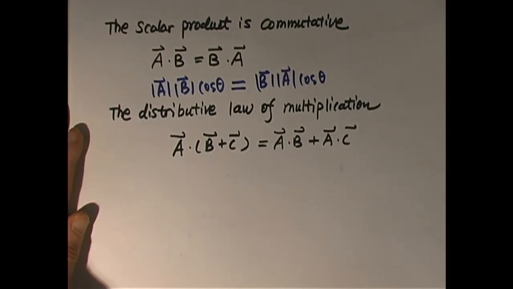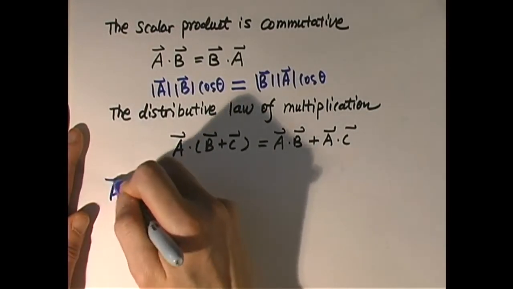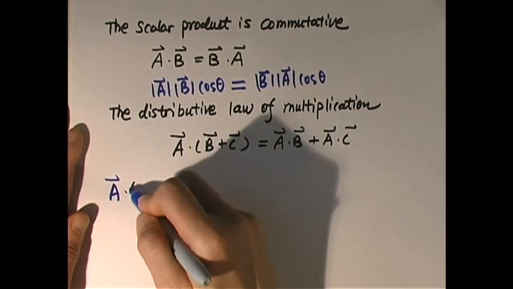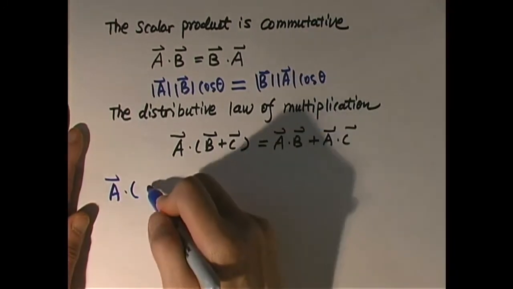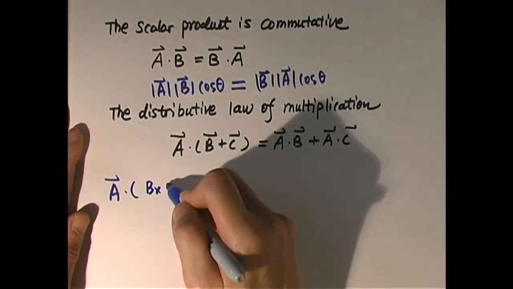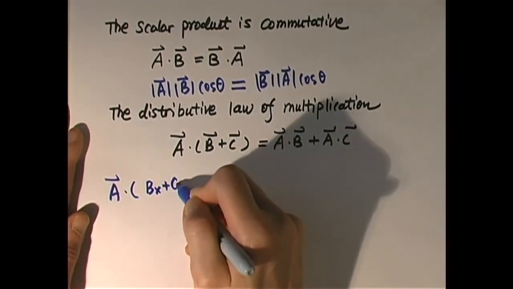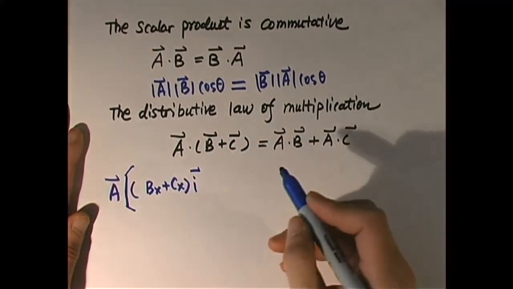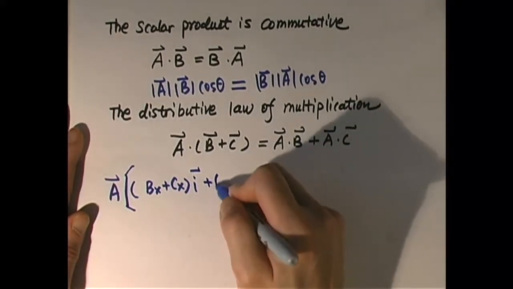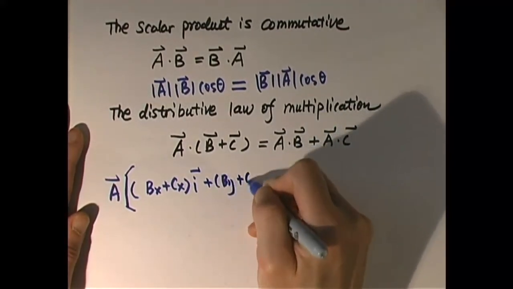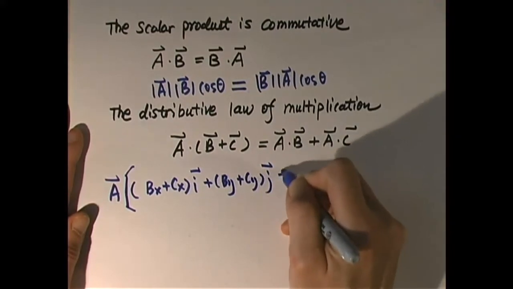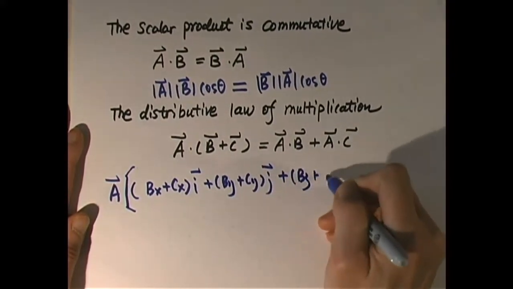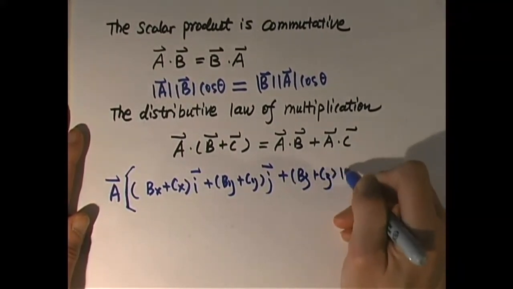Well, how do we prove this distributive law of multiplication? I think we can use the technique with i, j, k. For example, how do we get b plus c? That is bx plus cx of i, because we know how to add two vectors, right? Plus by plus cy of j and bz plus cz of k.